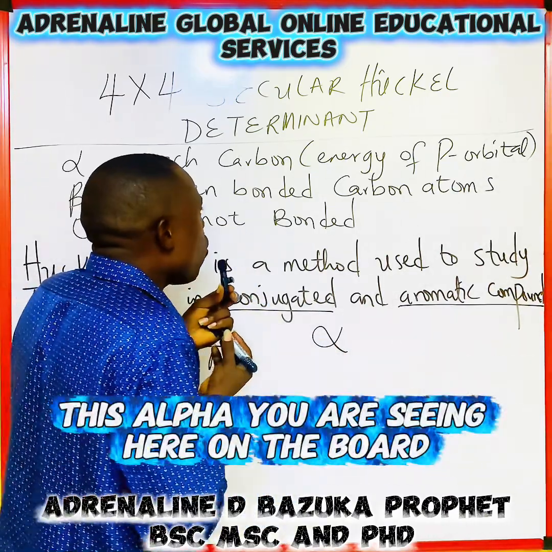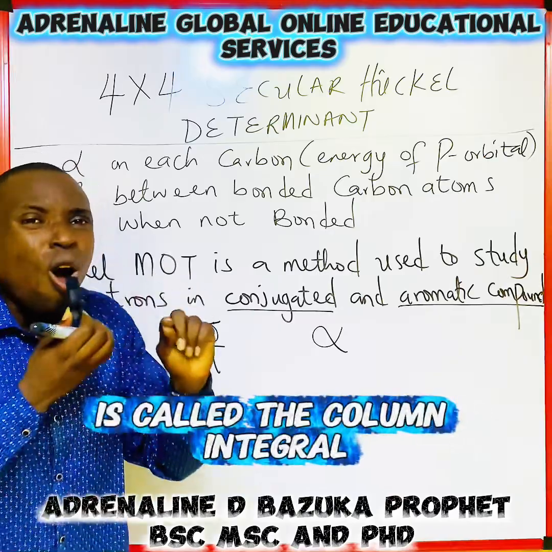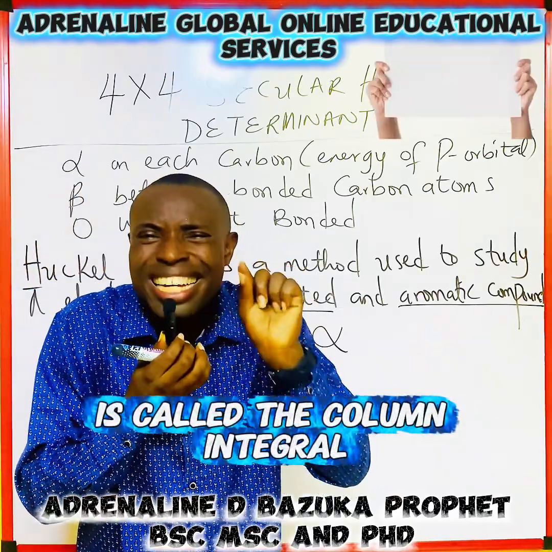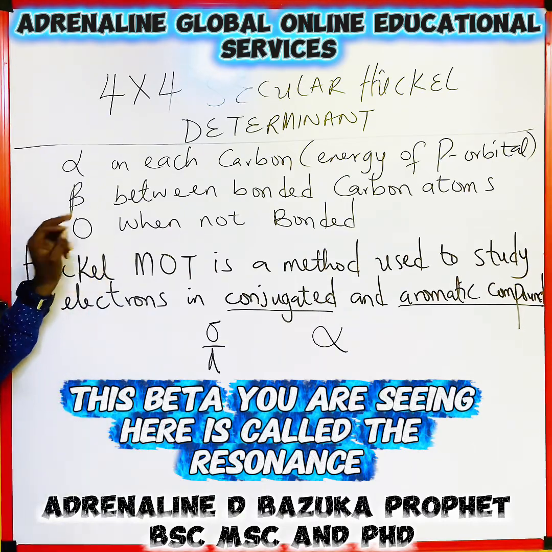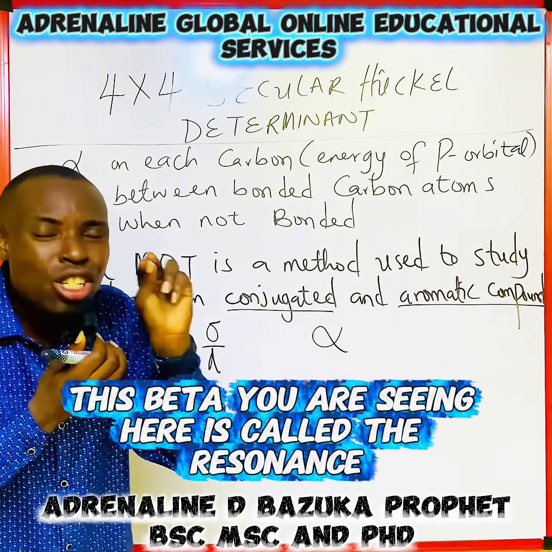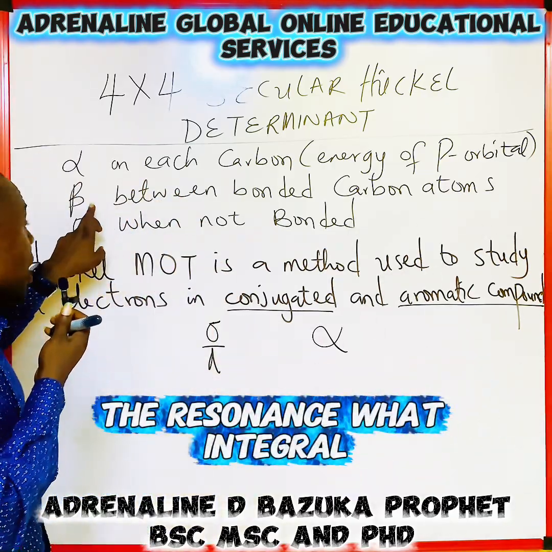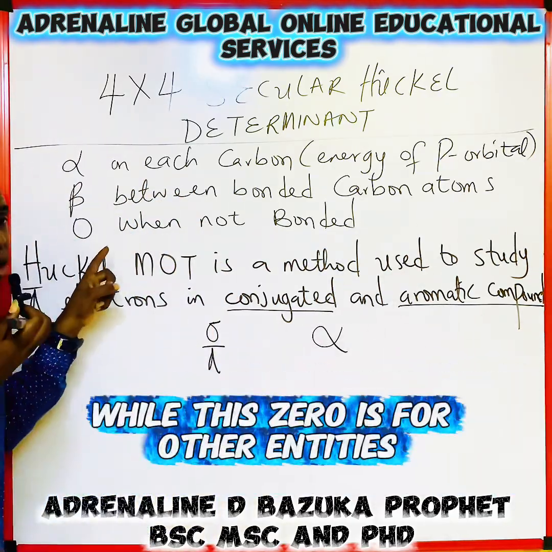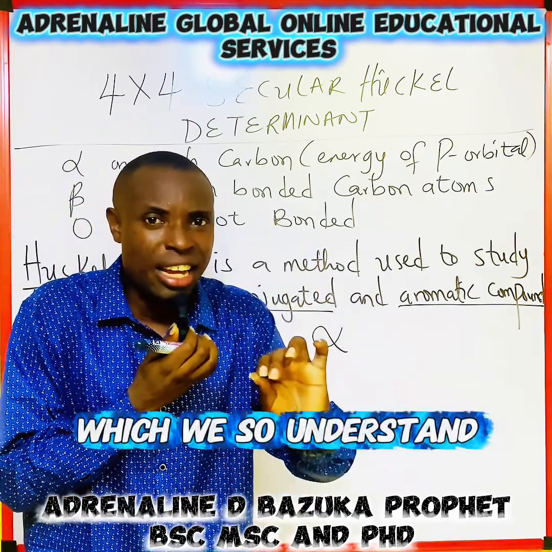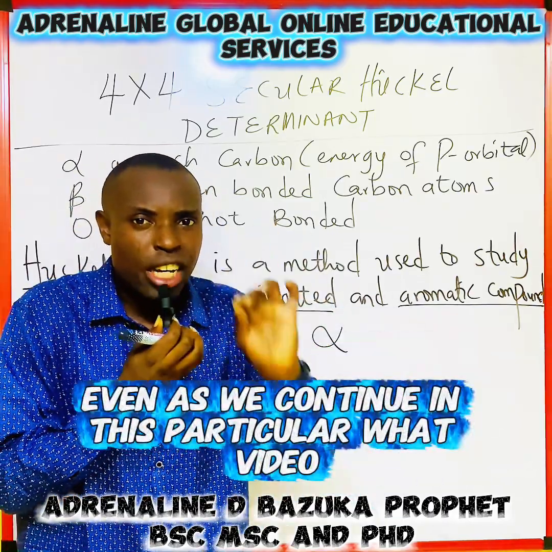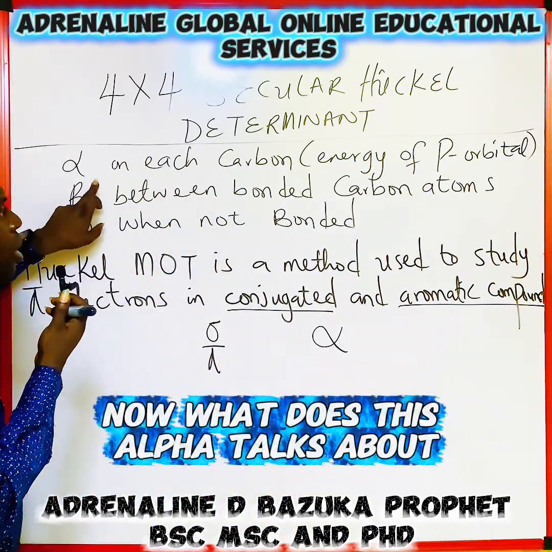This alpha you are seeing here on the board is called the Coulomb integral. This beta you are seeing here is called the resonance integral. While this 0 is for other entities, which we will understand as we continue in this video. Now, what does this alpha talk about?